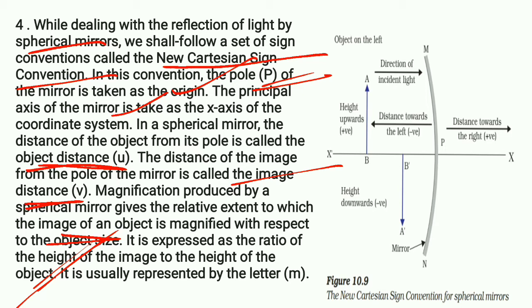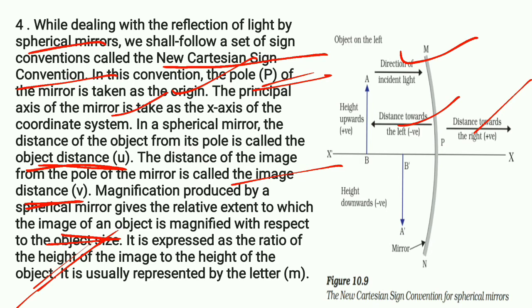And here we can see in the diagram the sign convention rules they have represented. We have the direction of light, the incident light, and this is the opposite direction. The distances which are opposite to the direction of light are taken as negative, and the distances in the direction of light are taken as positive.